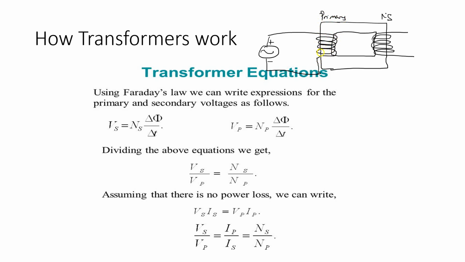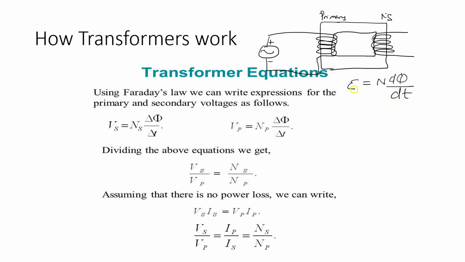Having said that, we can now consider Faraday's law of electromagnetic induction, which says that the induced EMF, E, is equal to the number of turns times the rate of change in magnetic flux, which is d of the magnetic flux divided by dt.